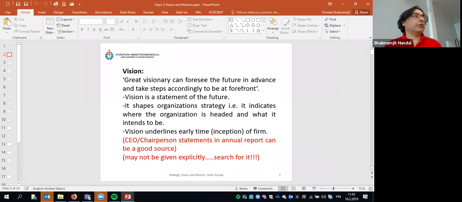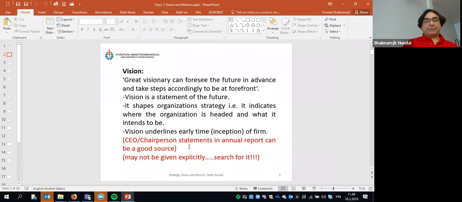Your objective would be spending a significant amount on research and development and improving the processes. You get my point? So vision is an ethos. Mission is a journey to achieve that ethos. And objectives are what exactly you will do on the surface so that you are able to achieve your mission, your vision.